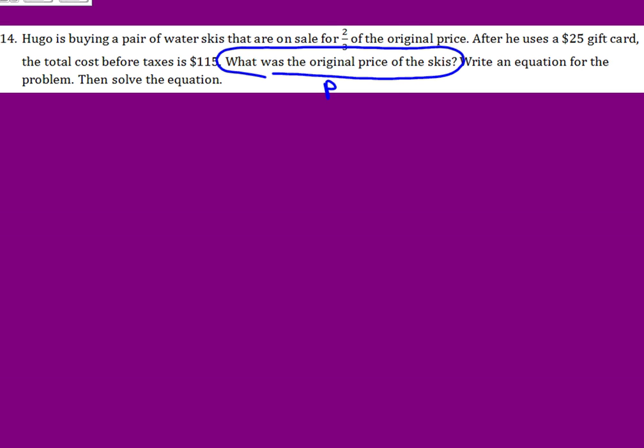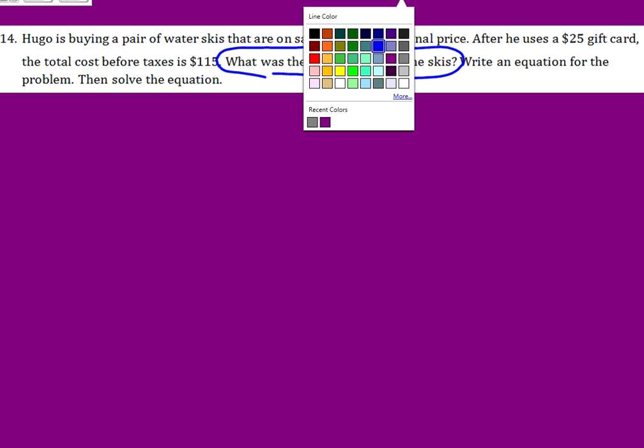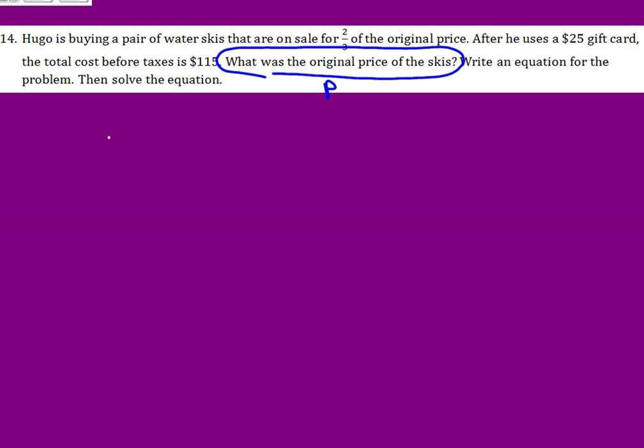So what you need to look at here is what am I dealing with? If P is the original price, then here's the way I want you to look at it. 2/3 of the original price, and then he used a $25 gift card.